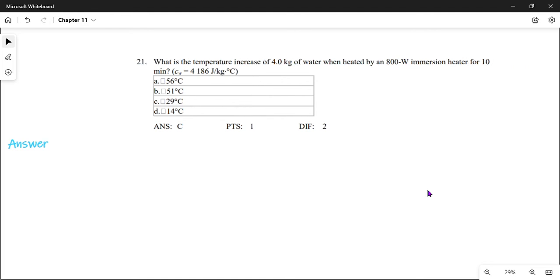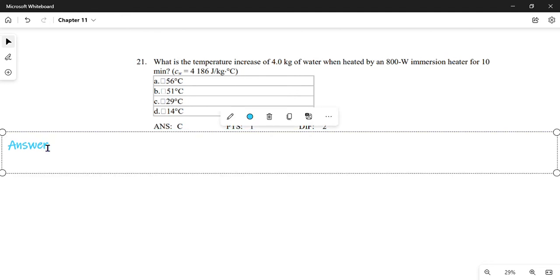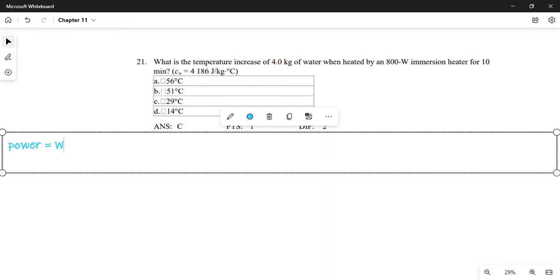Question number 21. He wants to know the change in temperature. Okay. First, let's start with calculating the energy or the work done. He gives us the power and the time, so we can calculate the work done. Power simply equals work done over the time.